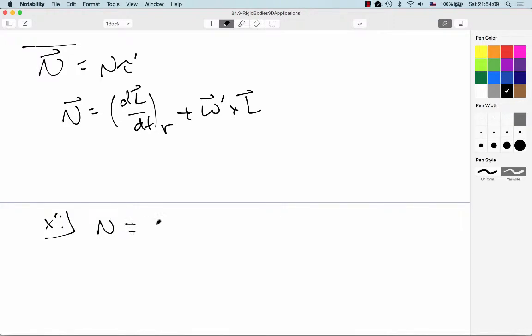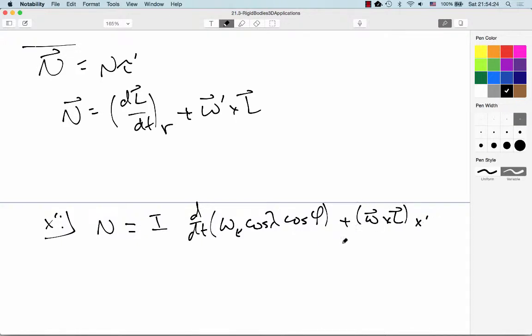It's going to give me N is equal to I times d/dt of omega E cos lambda cos phi, plus we'll take the x prime component of omega cross L. The y prime component, well, the torque in that direction is 0.